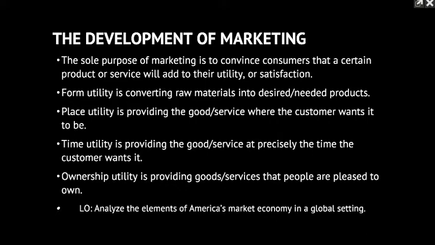Form utility is converting raw materials into desired/needed products. For example, let's say just a hamburger that you would get at a typical fast food restaurant. If you went through the drive-thru and ordered your hamburger, you would expect to receive a cooked hamburger that is fully assembled, ready to eat.